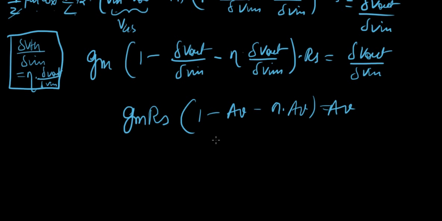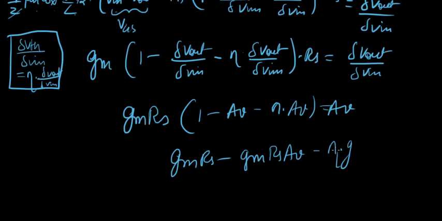Right? So if we can open this parentheses up, GM RS minus GM RS AV minus eta times GM RS AV equals AV, right?